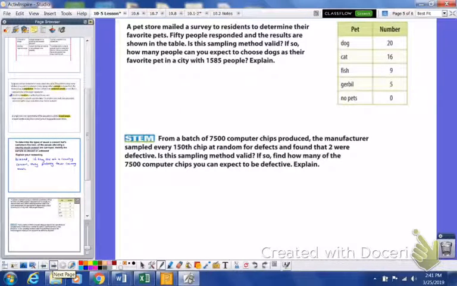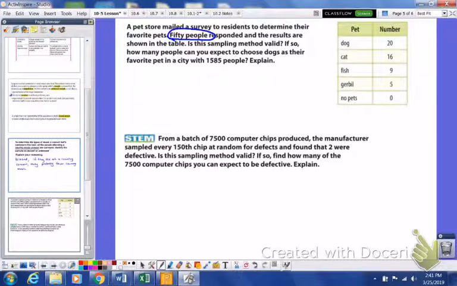A pet store mailed a survey to residents to determine their favorite pets. 50 people responded, and the results are shown on the table. Is this sampling method valid? And if so, how many people can you expect to choose dogs as their favorite pet in the city with 1,585 people? Explain your answer. So you'll notice, survey sent out to everybody, but only 50 people responded.